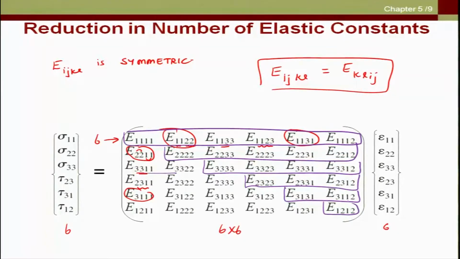Okay. So, if it is symmetric, then the total number of constants is equal to 6 plus 5 plus 4 plus 3 plus 2 plus 1. So, that comes to 21. So, the number of elastic constants, because of strain energy considerations, drops down from 36 to 21.